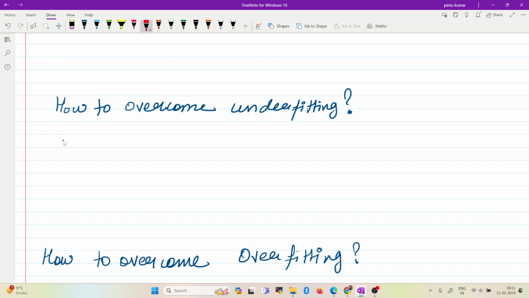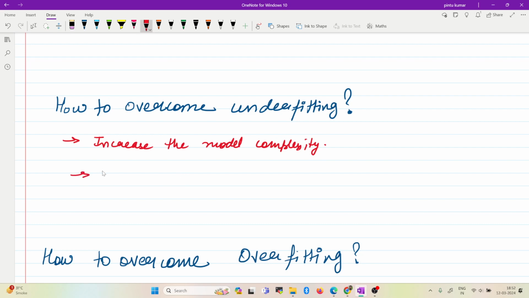Yeah, that's the number one option, that you should increase the model complexity. Anything else that we can do to overcome underfitting? Right now, nothing is coming to my mind except for this. So I'll include it if something comes to my mind.